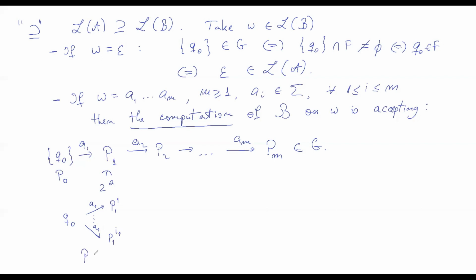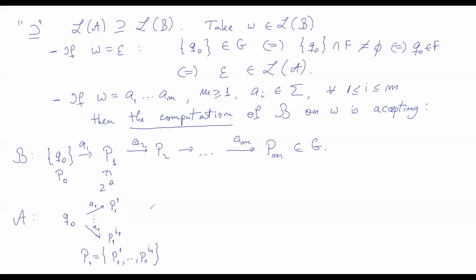And what I mean by this is that this set P1 consists of exactly these elements. So if these are all the elements of P1, the fact that I have this transition in automaton B, by definition, means that in automaton A, I have all these possibilities.